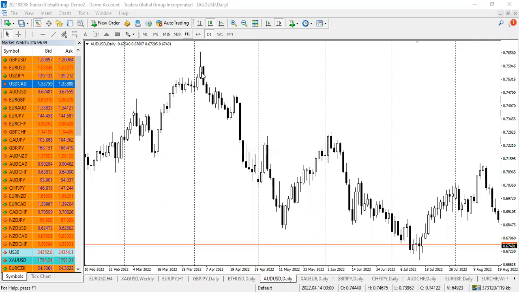Let me look at something here. So I am doing this from this high to this low to this high. And then I'm doing from this high to this low. Okay. This high.